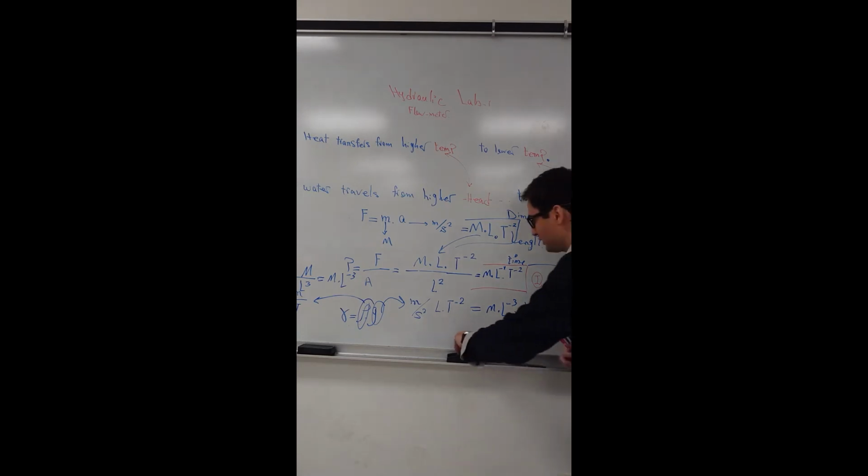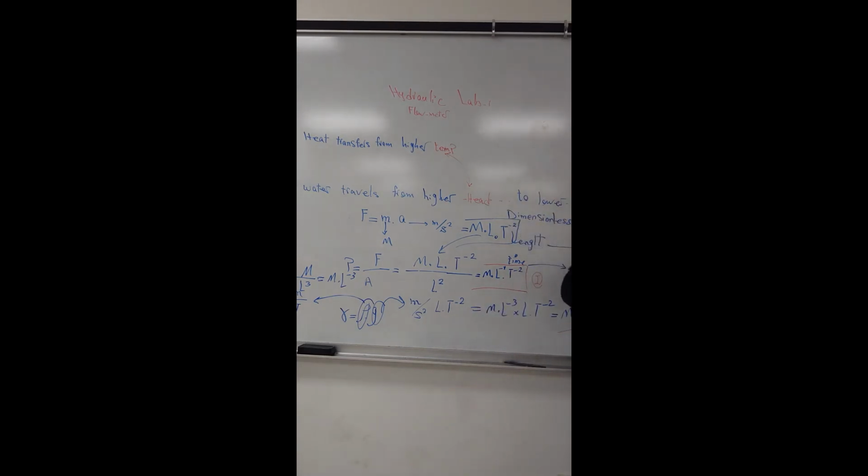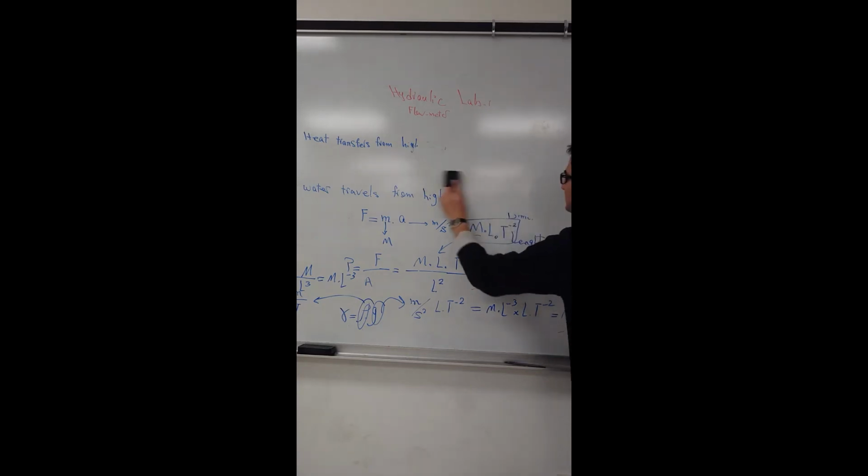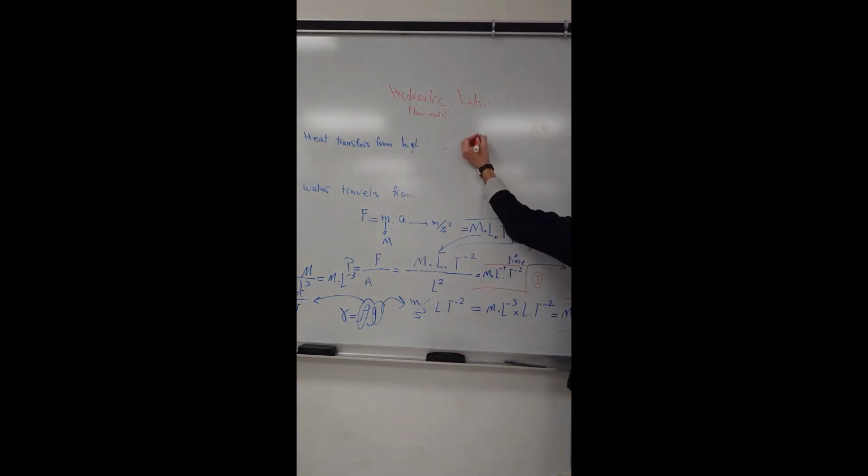Again I apply this to the second term of Bernoulli equation, which was P over gamma. So it's simply the dimensional analysis of 1 over 2. It would be M L to the minus 1 T to the minus 2 divided by M times L to the negative 2 T to the negative 2.